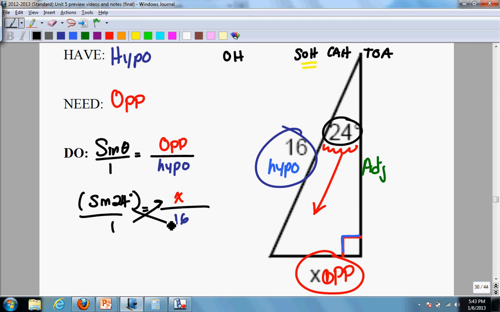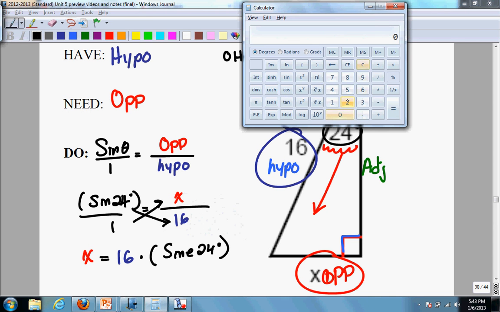Now we're going to cross multiply. We get x times 1 equals 16 times sine of 24 degrees.